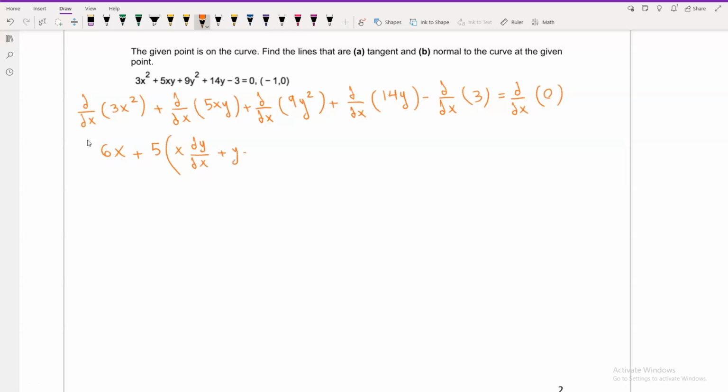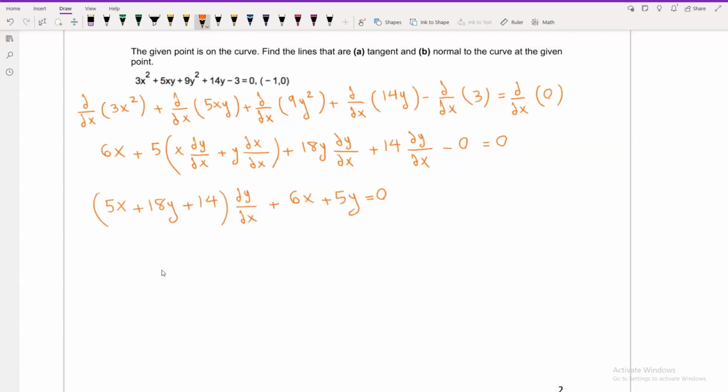plus 5 times dx divided by dx, plus derivative of 9y squared is 18y dy divided by dx, plus derivative of 14y is 14 dy divided by dx. Derivative of 3 is 0, and derivative of 0 is 0.